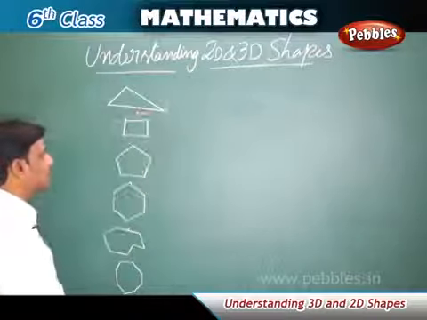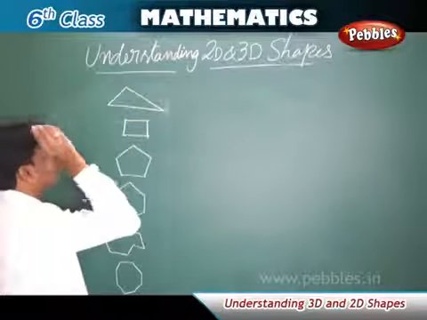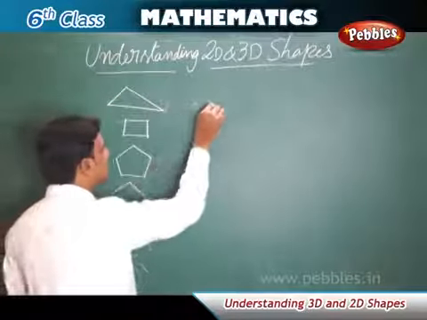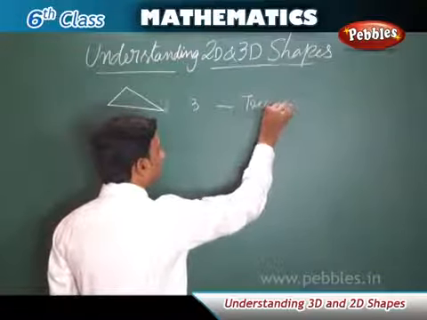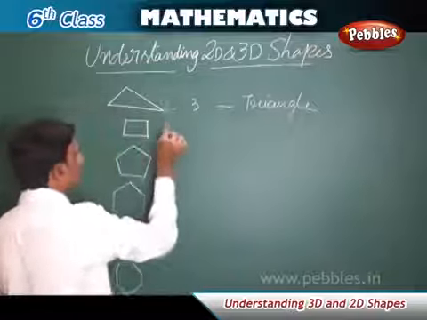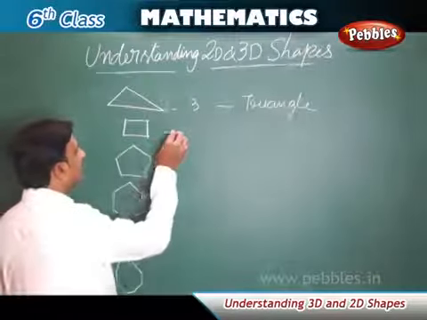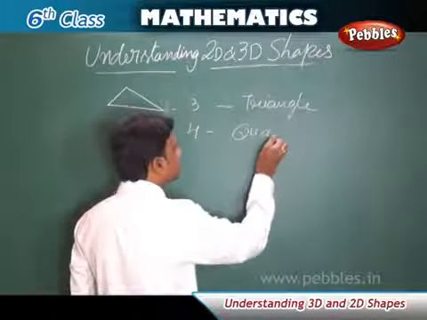Let us look at these polygons. Here is a polygon with 3 sides. So the number of sides is 3, and it is called a triangle. Now the next one. This polygon has got 4 sides and this is called a quadrilateral.